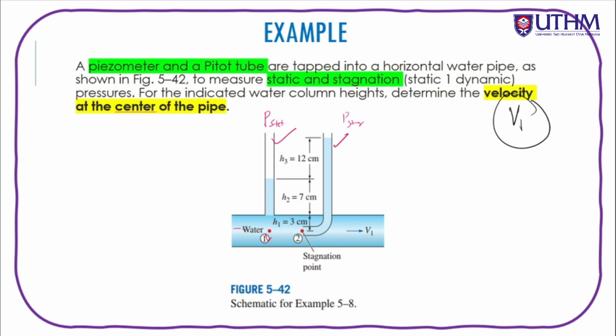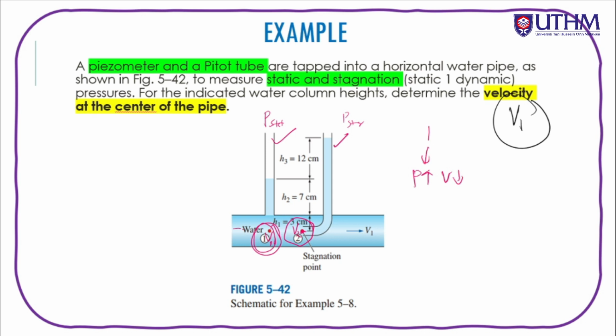So kita kat sini kita ada V1, kita ada V2. So basically kita nak dapatkan V1 ni kan. Macam mana? Sebab kita tahu kat sini apa? Stagnation pressure kan. So by definition, velocity dekat stagnation pressure adalah 0. Sebab P max adalah P stagnation kan, based on konsep Bernoulli.